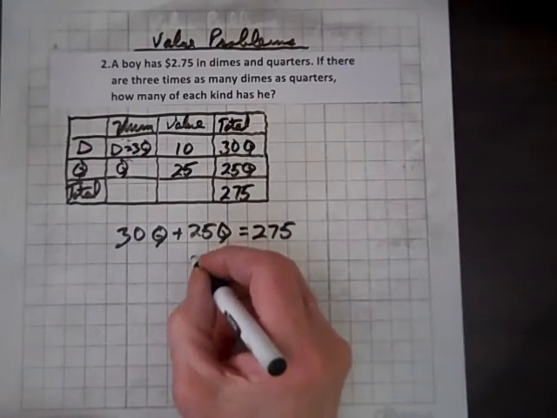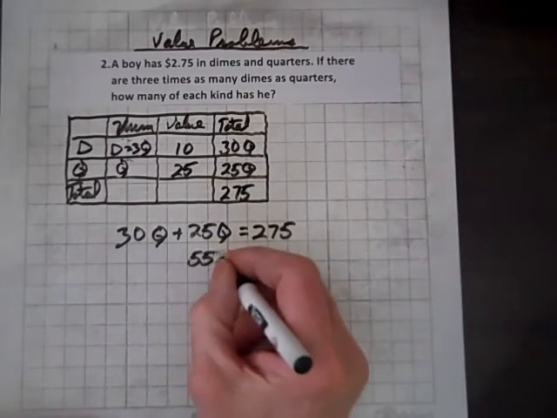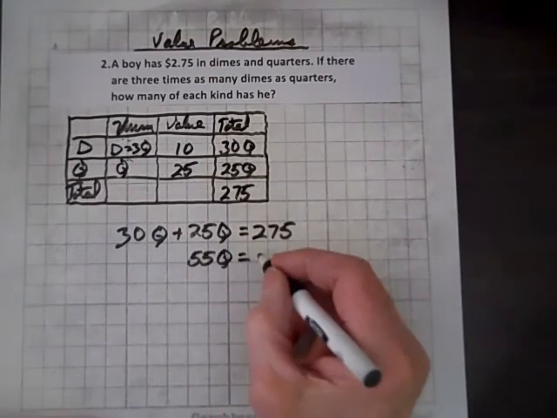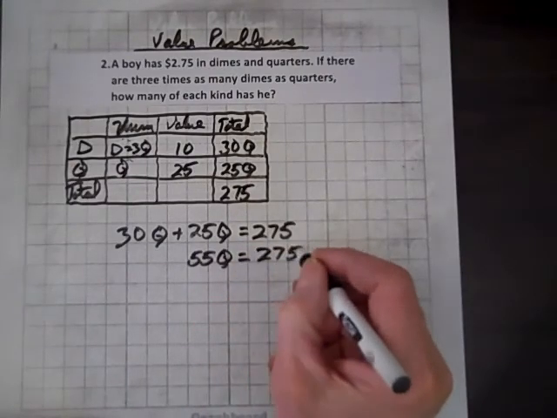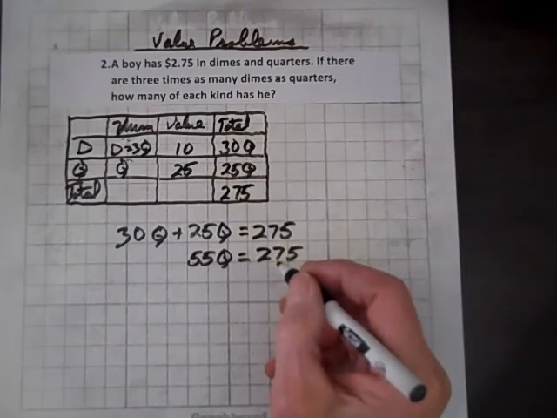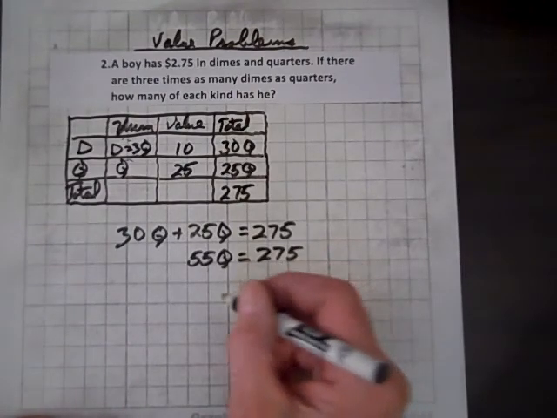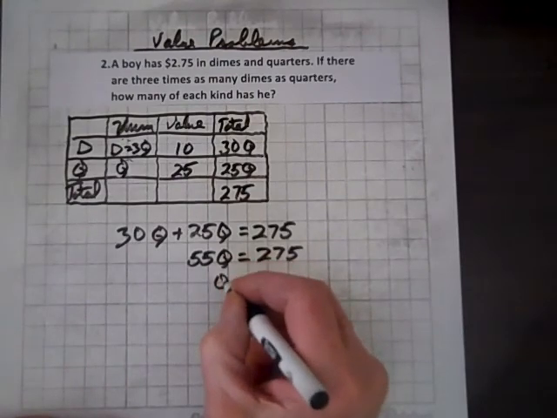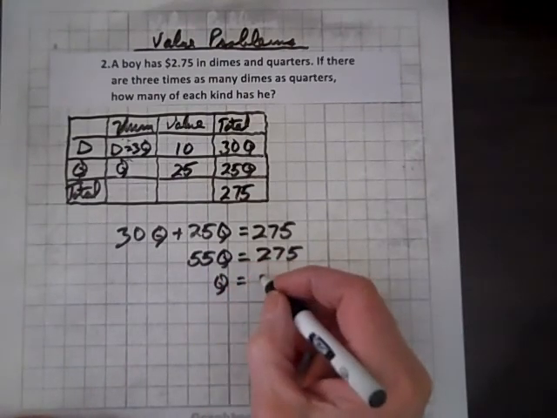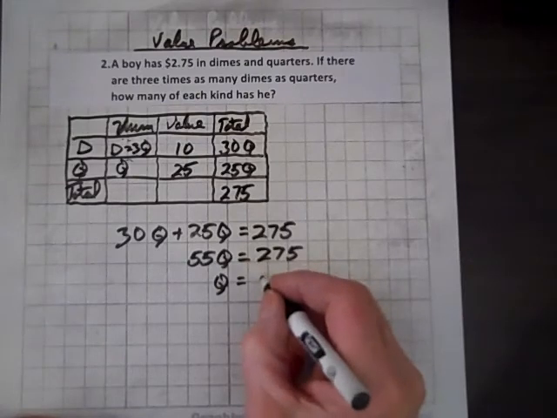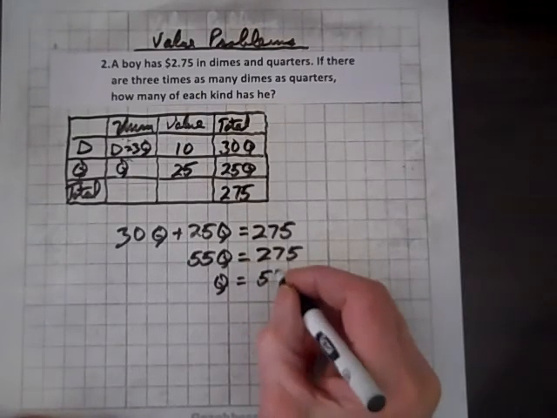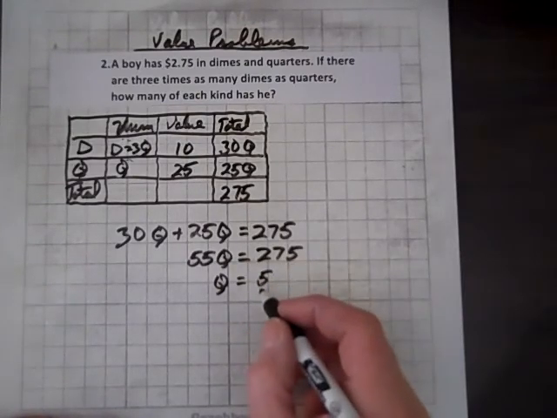So we have a total of 55Q equals 275. And if we divide both sides by 55, we get Q is equal to 5. 5 times 55 is 275.